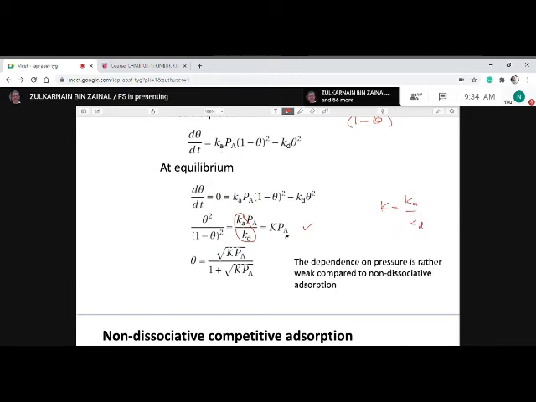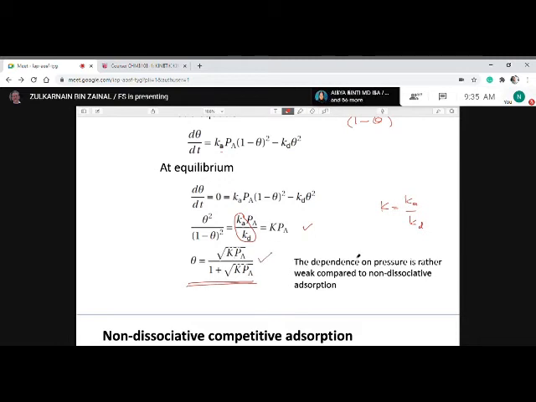So we can replace Ka over Kd with K, the equilibrium constant, and then we can write the relationship between theta, K and Pa for this type of reaction as shown.